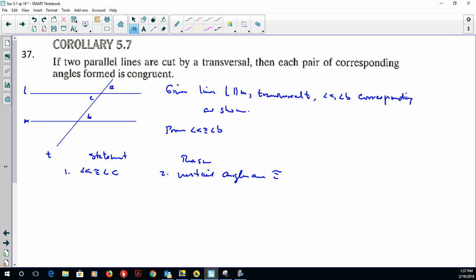Okay. Now, statement 2. Let's say that L is parallel to M. Okay, and this is 1.